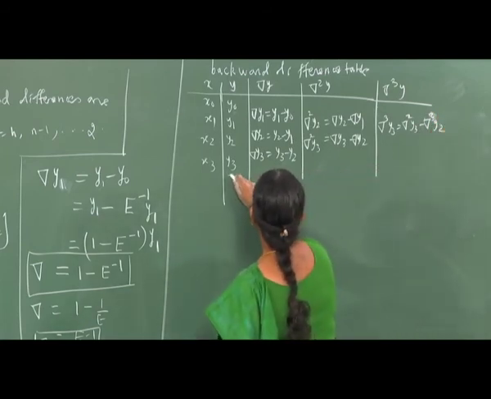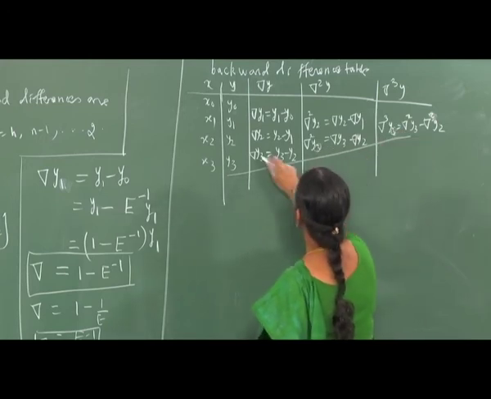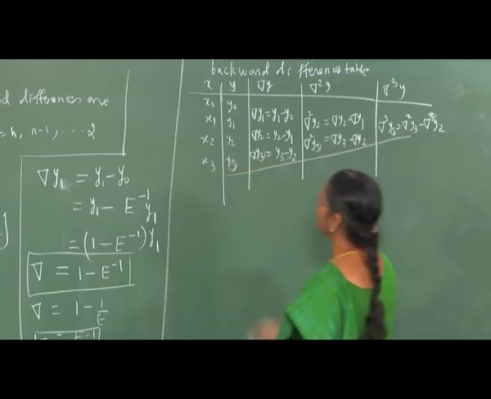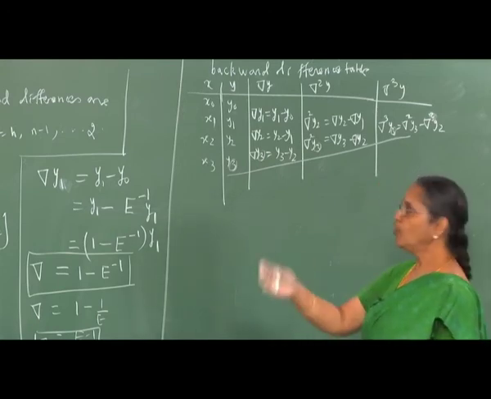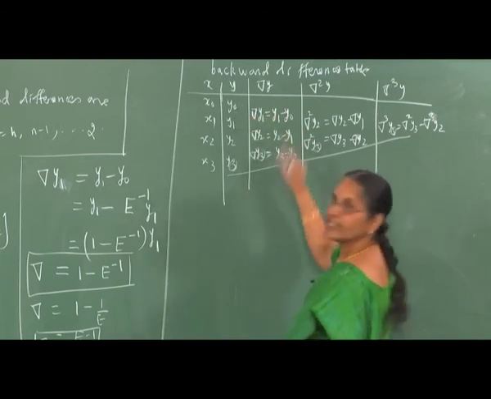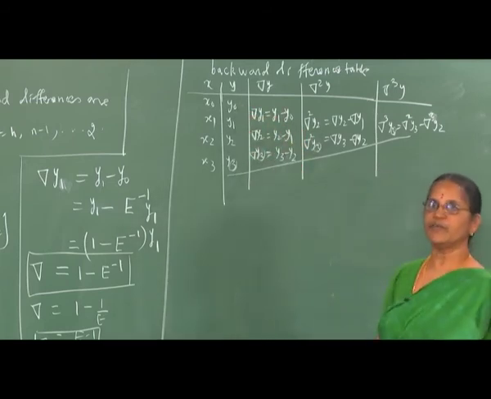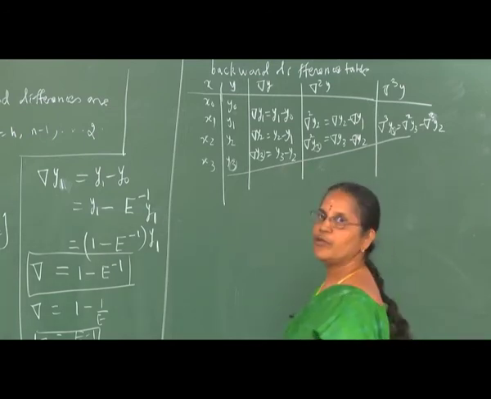And you observe that along this diagonal the suffixes of all the differences remain the same, and as before the elements are written between any two elements of the previous column. This is a backward difference table obtained for a set of discrete values.